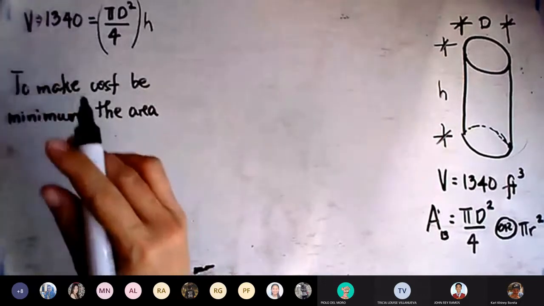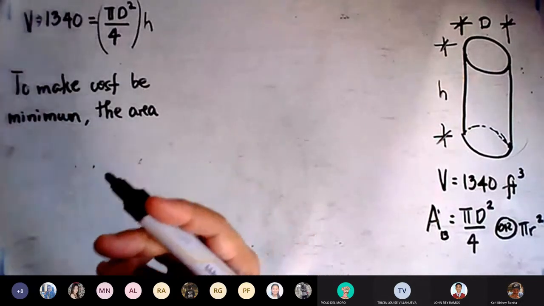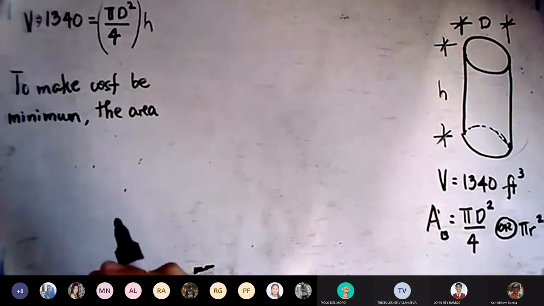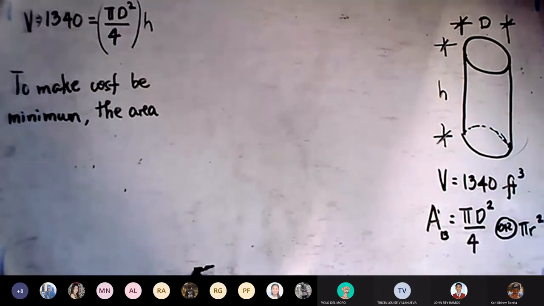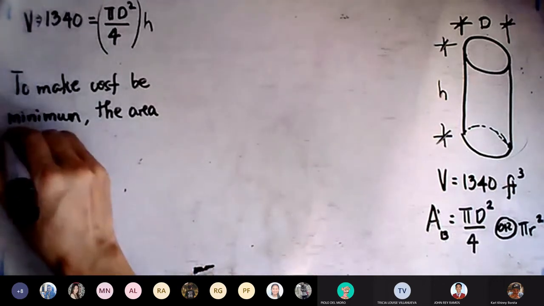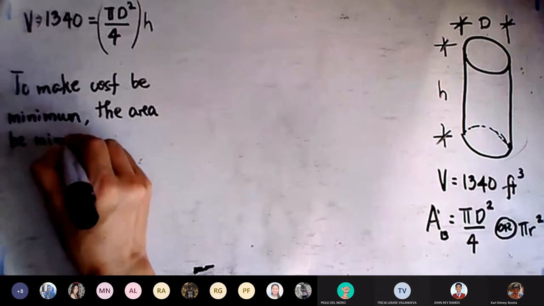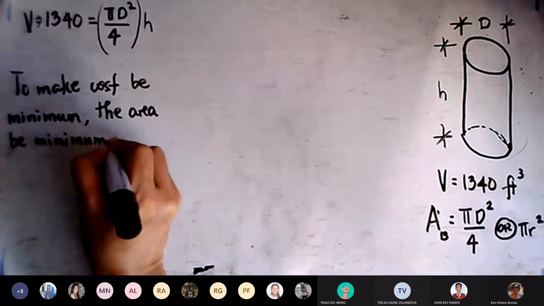Since we would like to make the cost of the metal sheets to be used to be set at a minimum value, the area should also be set at the minimum. So the area of the metal sheets should be at the minimum.